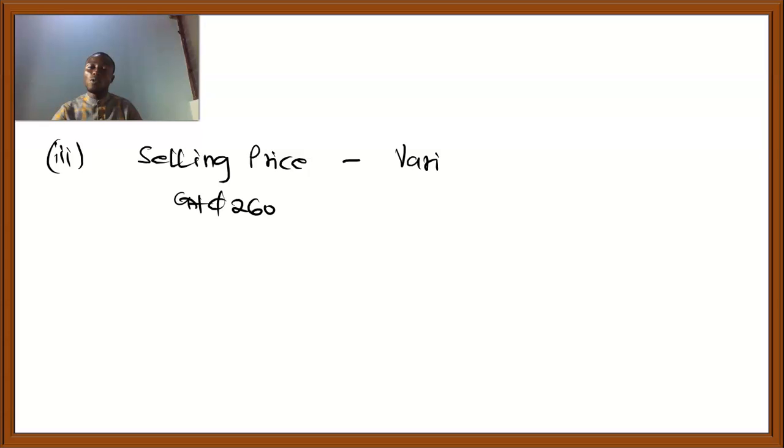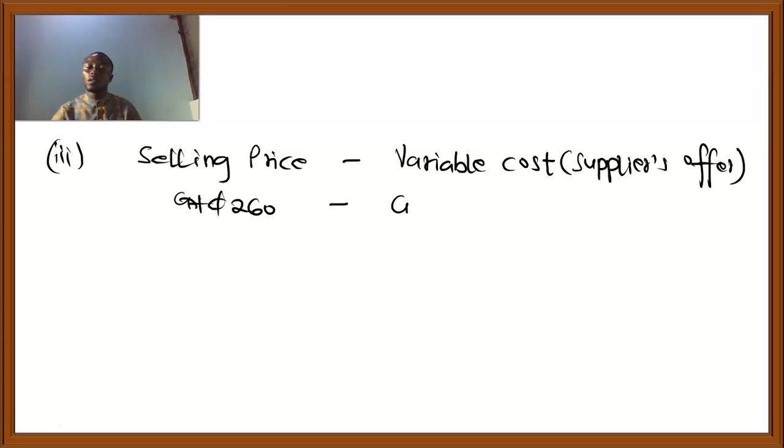So, variable cost, which is the supplier's offer, 180. If the company accepts this offer, it is going to make a contribution of 80. Since the company is going to earn this particular contribution, it means it should accept the offer because it will be able to use this contribution to cover any fixed costs available.